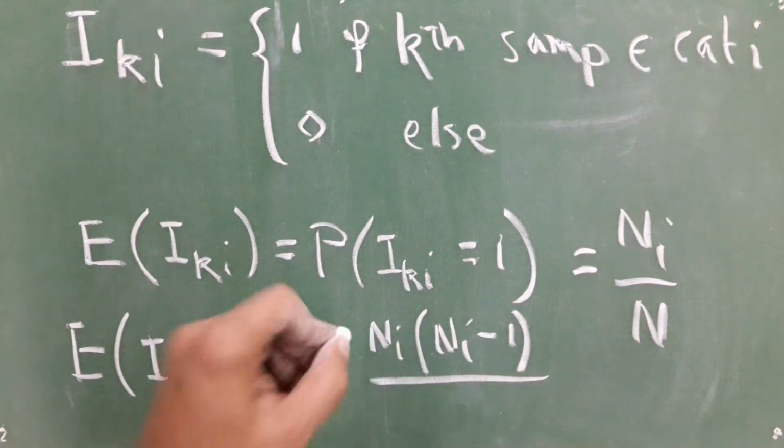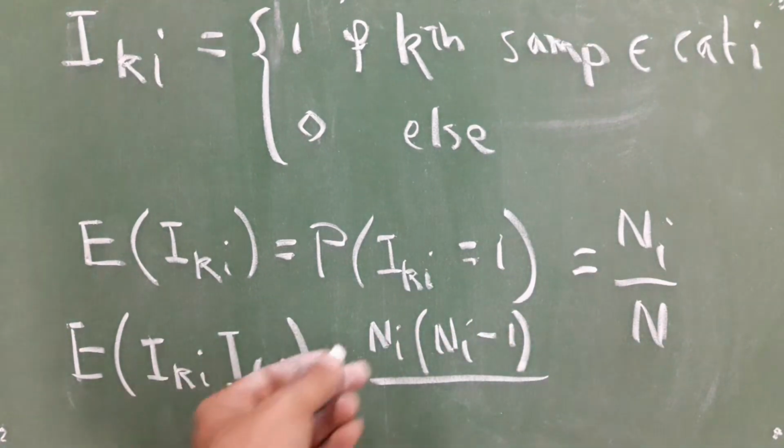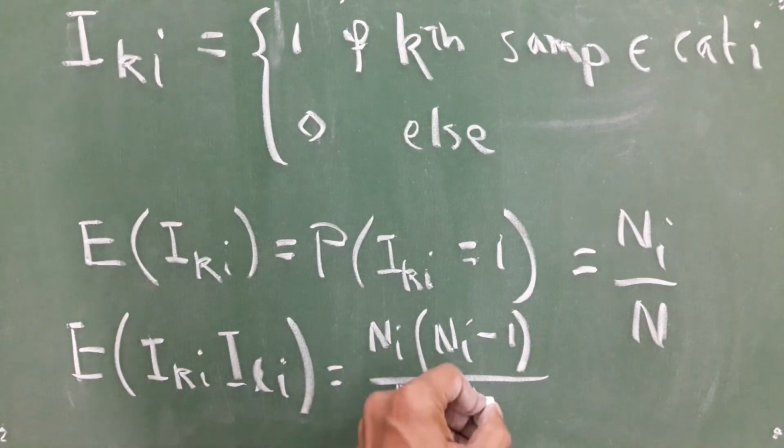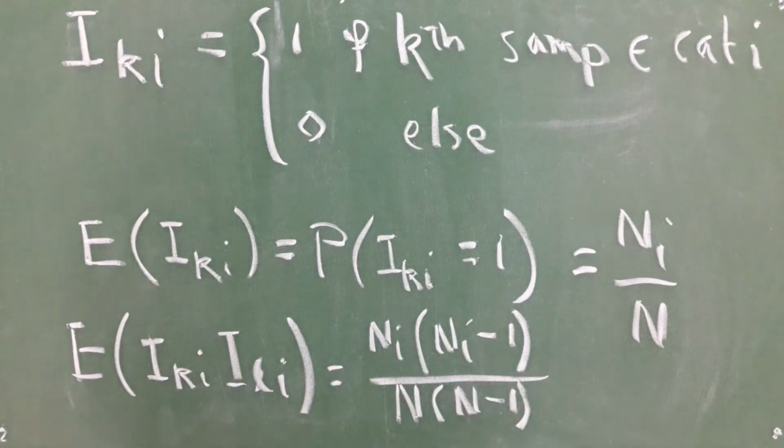In the denominator, you do the same thing, except that now you do not have to worry about the category. You are doing it for the entire population, so you have this. So now you can put this in the expression that I showed earlier and eventually get variance of xi and expected value of xi. Take it as an exercise to work out the expression for covariance of xi and xj.